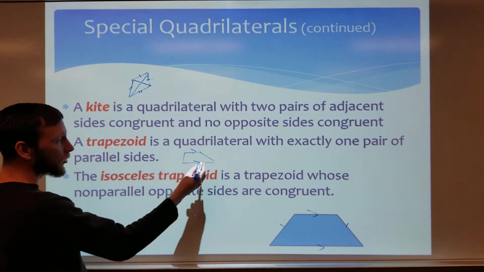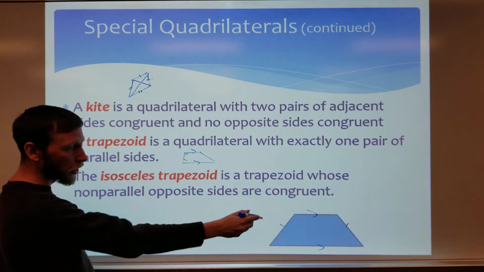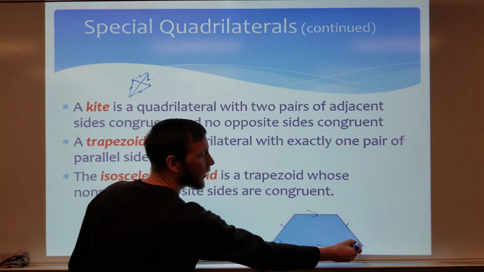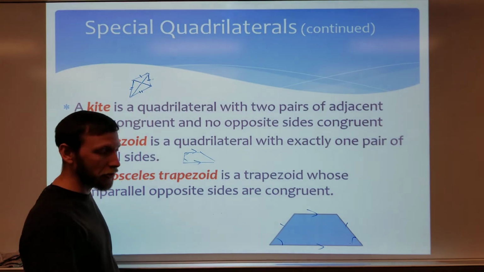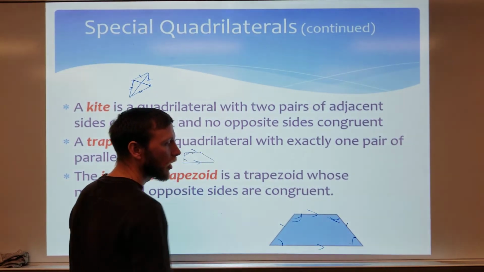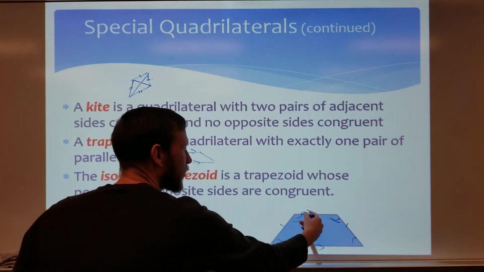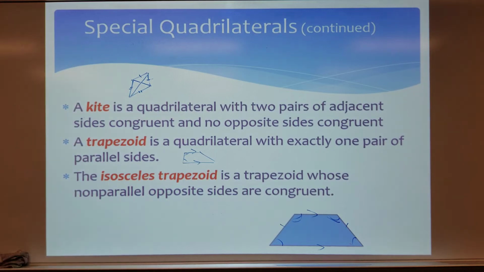We're going to remind ourselves of same-side interior angles being supplementary. We're going to learn in an isosceles trapezoid that our base angles are congruent, just like in an isosceles triangle, but also that these angles, since they're supplements of the same angle, are also referred to as base angles, even though it looks a little awkward. These base angles are congruent and these base angles are congruent. We're going to learn about the diagonals in these polygons.